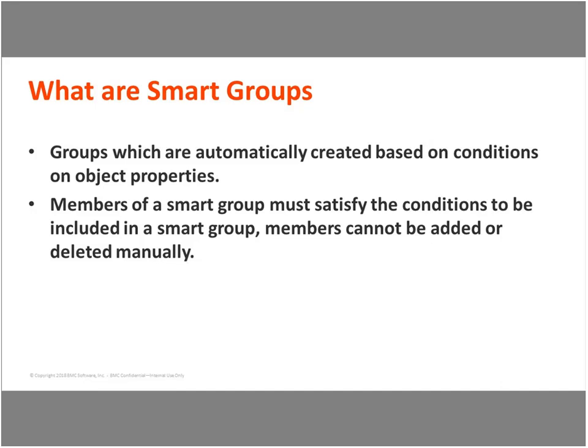You can create conditions on those properties, and the smart groups will automatically get created. Members of a smart group must satisfy the condition. You cannot have a smart group with members which don't satisfy the condition. It has to meet the qualification before it can be added to a smart group.